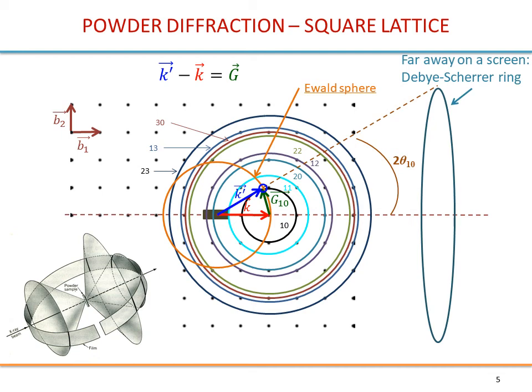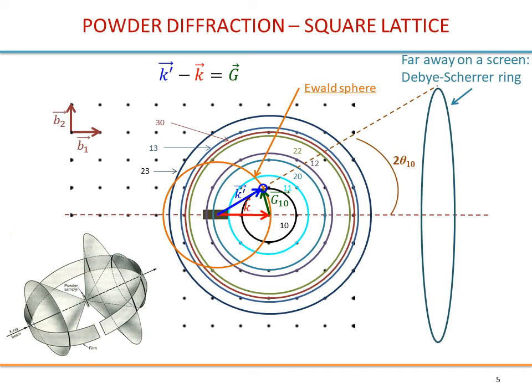And because in 3 dimensions you have also symmetry about this axis, rotational symmetry here, what you will get is in fact a ring in 3 dimensions, right? And this is called the Debye-Scherrer ring. So this is an illustration actually in 3 dimensions. So this is one of these rings, and if you put a kind of film, this was the old type setup, you would record this thing on the photographic film, and here. Alright, so this is how it works.